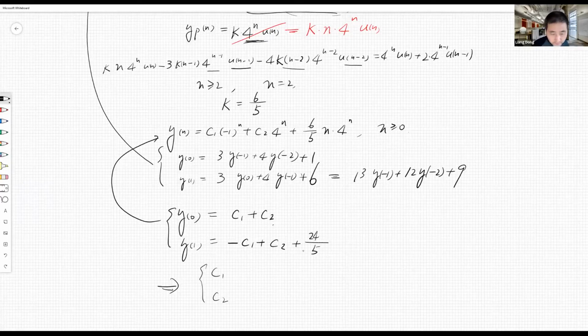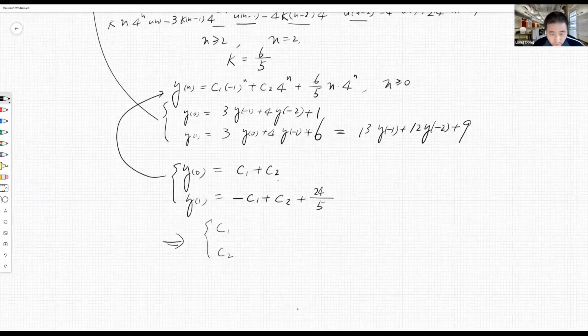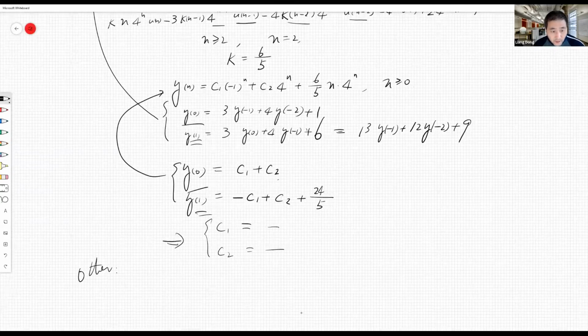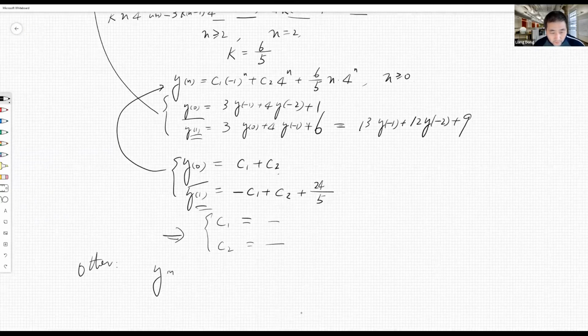The other method, because I already solved for the 0 input, this is the homogeneous solution.